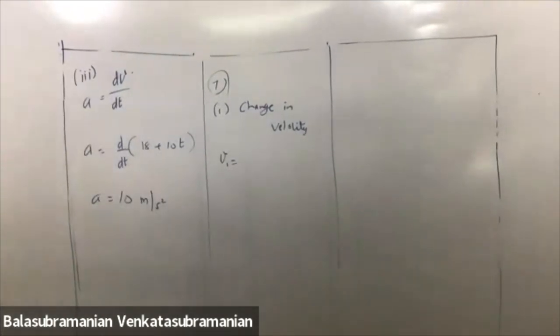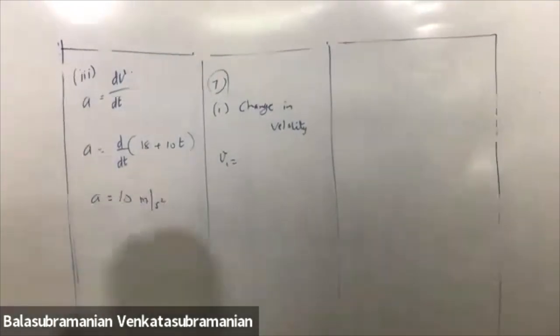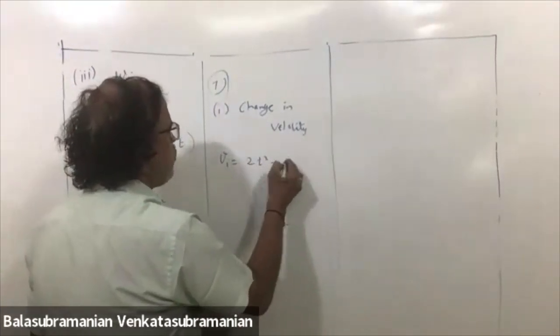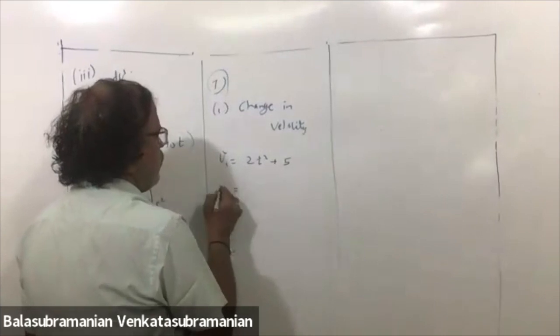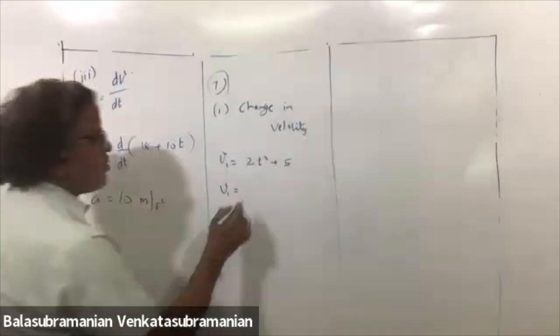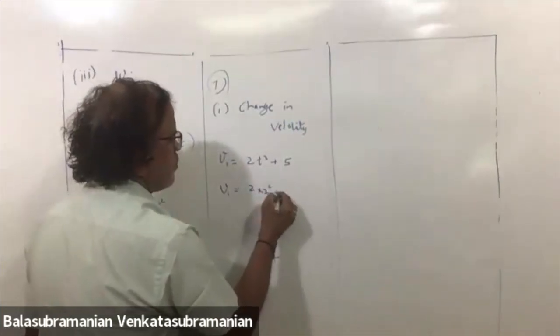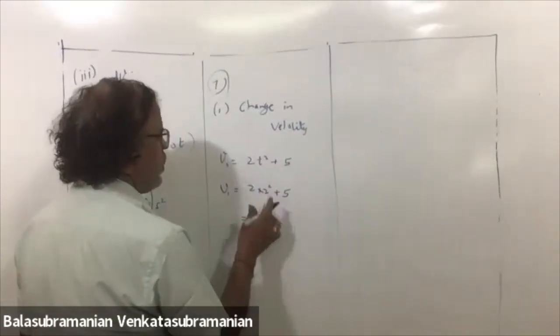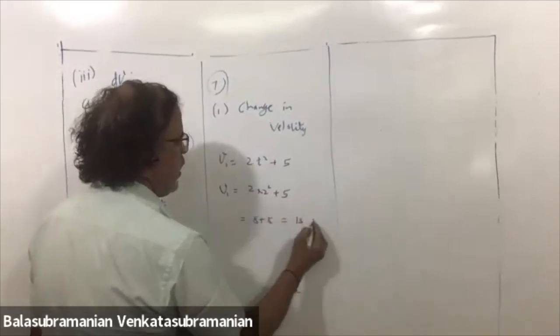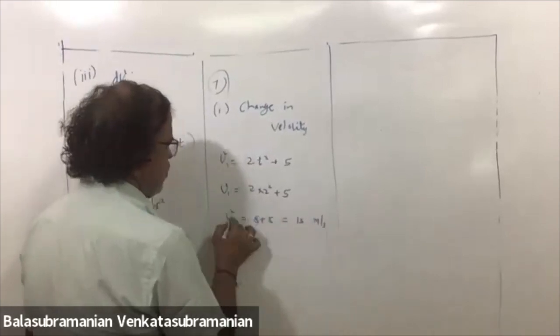What is the equation? 2t square plus 5. When time is equal to 2 seconds, 2 into 4, 8 plus 5, 13 meters per second.